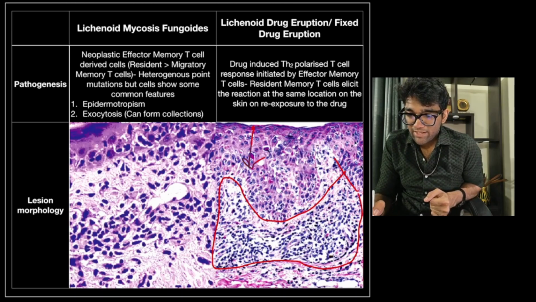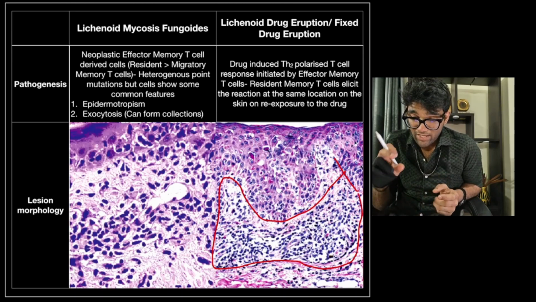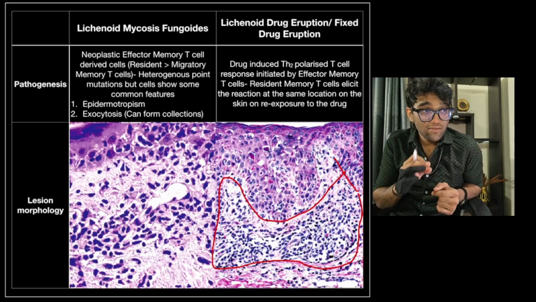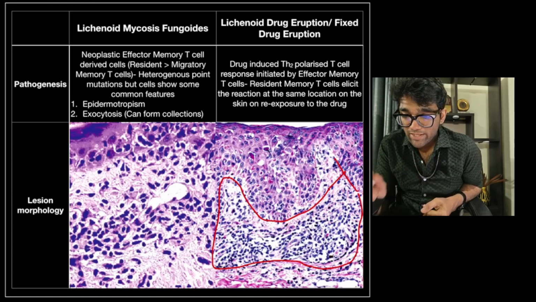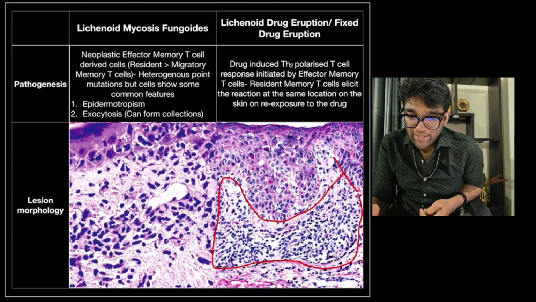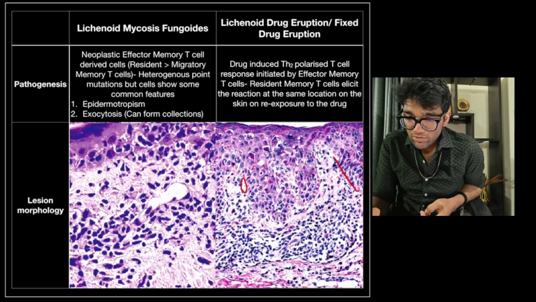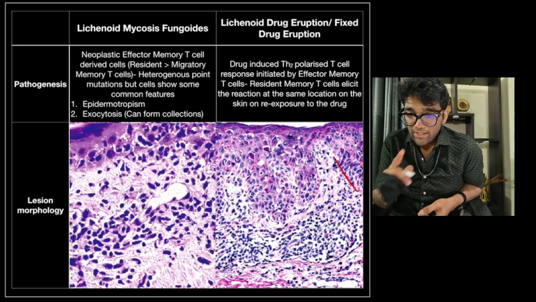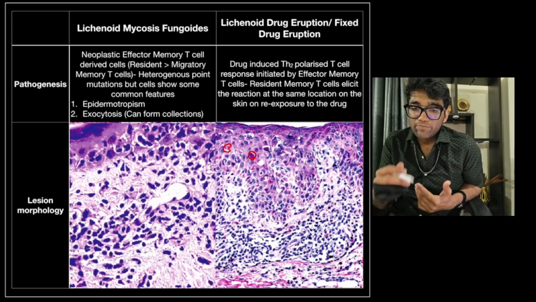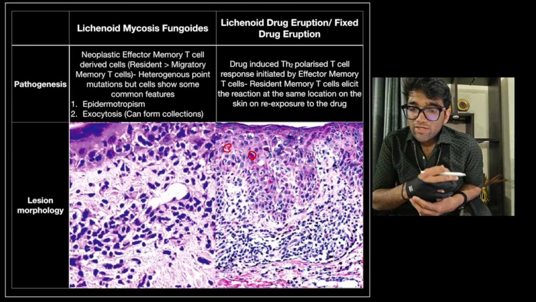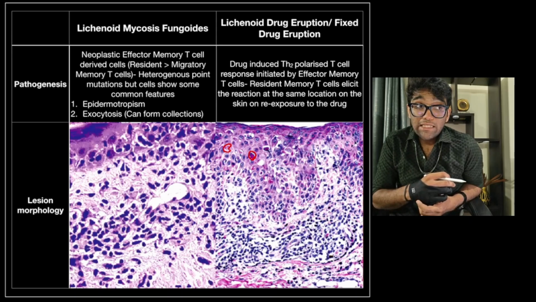The lymphocytic infiltration is lichenoid, as in there is a dense band of lymphocytes just below the epidermis. And you find these holes in the junction, and that is why it is an interface dermatitis. But what you also find are these densely red granule-containing cells, and those are obviously eosinophils.